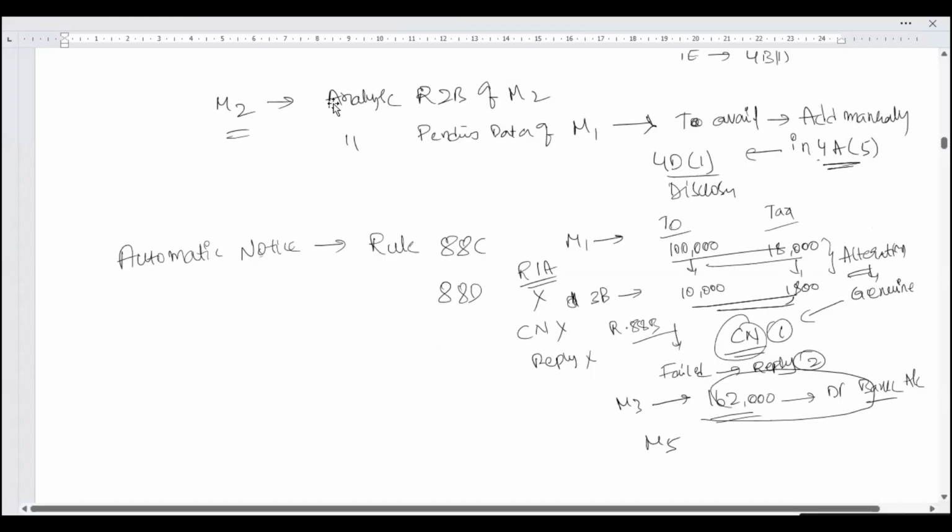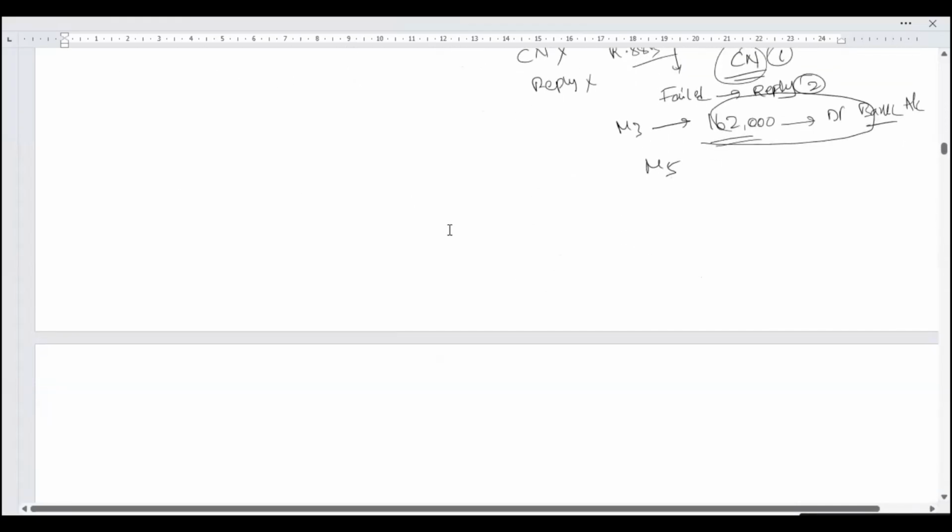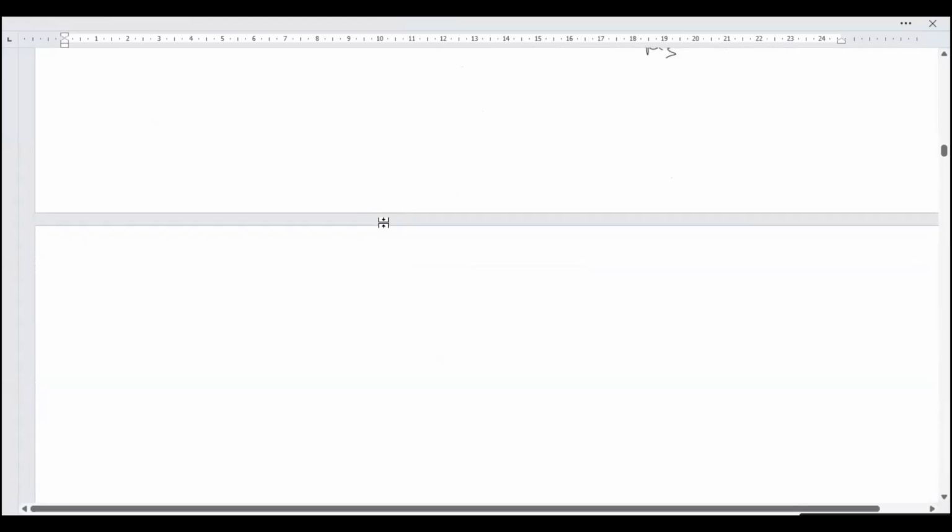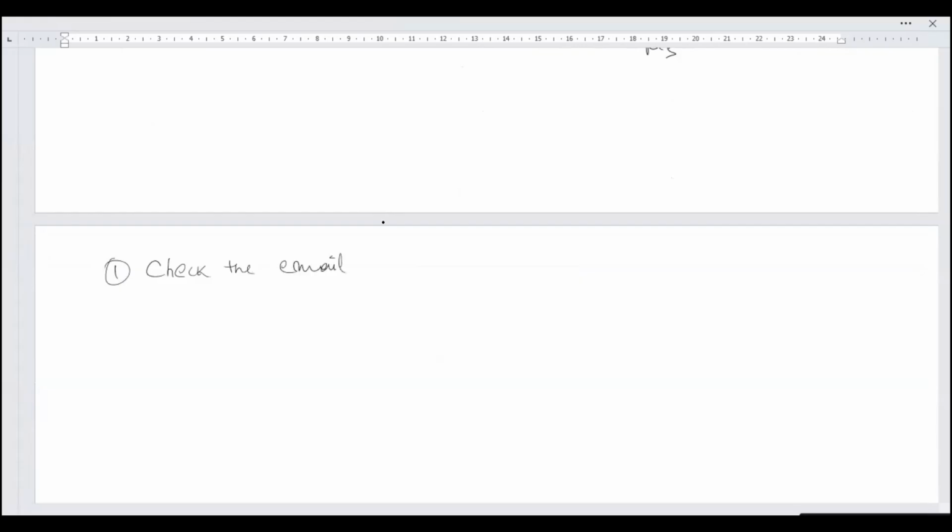I'll explain once again here. A couple of things we need to understand. One, we need to check the email furnished. Reason: notices are automated.